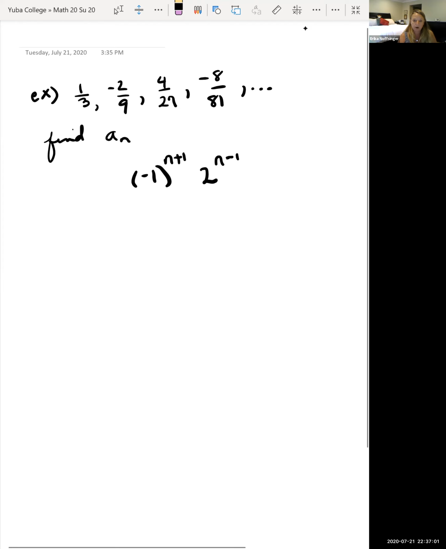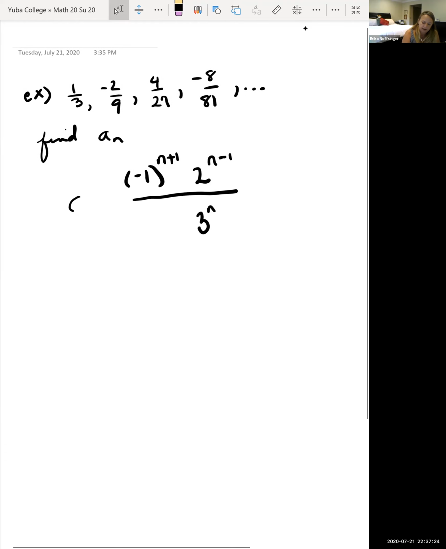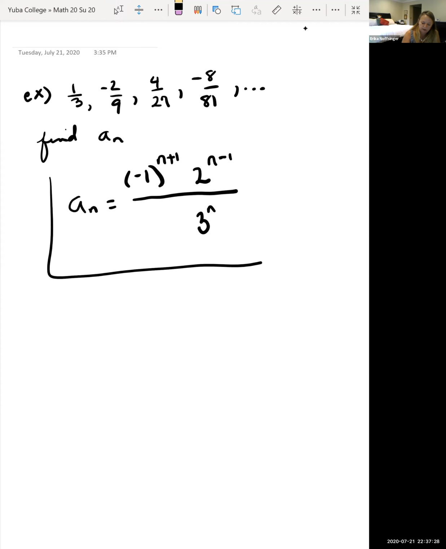Because if I plug in 1 for my first term, that gives me 2 to the 0 power, which gives me 1, which I need. So now looking at the denominator, I have 3, 9, 27, 81. Those are 3 raised to the nth power. And when n is 1, that gives me a 3 starting there in the denominator, which I need. So we found what the nth term of our sequence was.